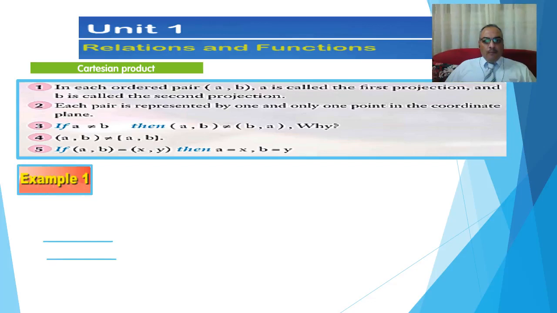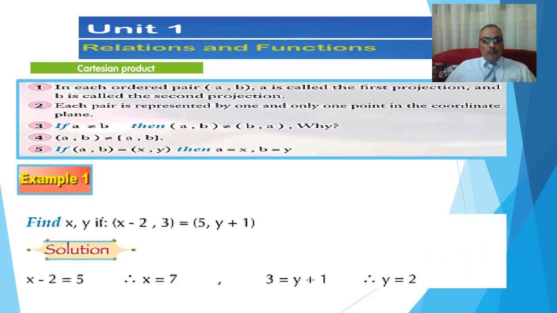For example, we need to find X and Y, where the ordered pair X minus 2, 3 equals 5, Y plus 1. So we take X minus 2 equals 5 and 3 equals Y plus 1.